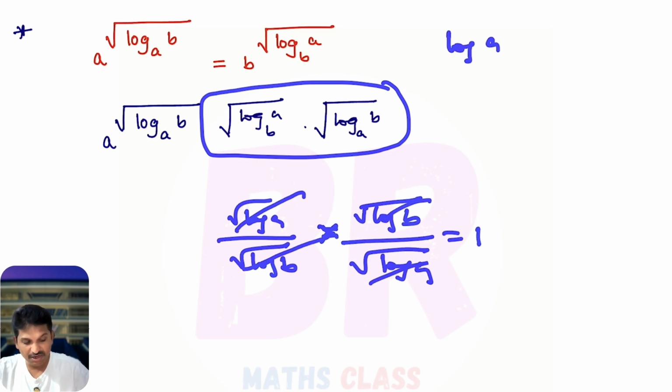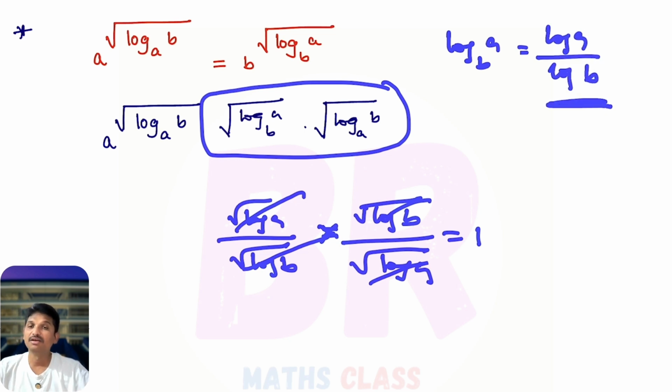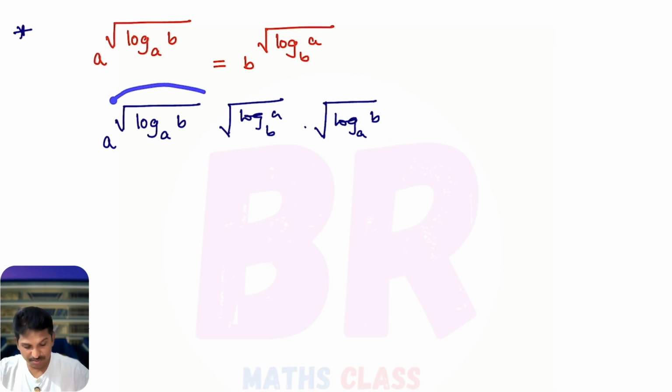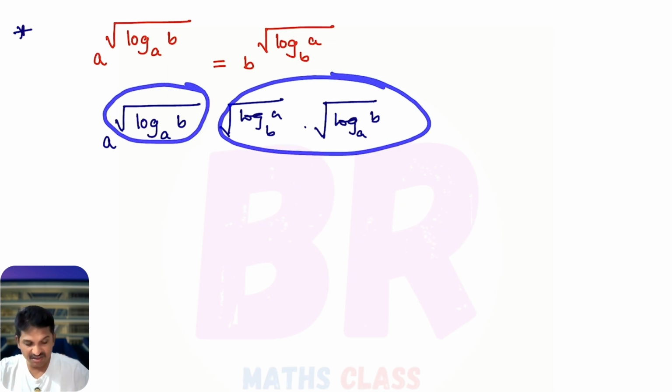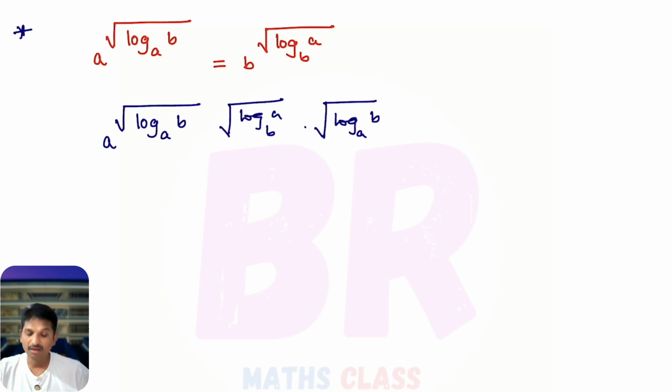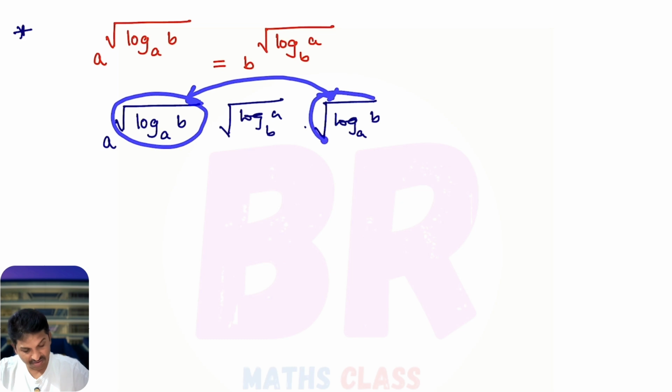You know this property, log a base b can be written as log a divided by log b, right? So here this expression into 1 is there, no? That 1 I have written like this. Now you observe, multiply these two, this into this. Multiply root log b base a into root log b base a is what? That is log b base a only.